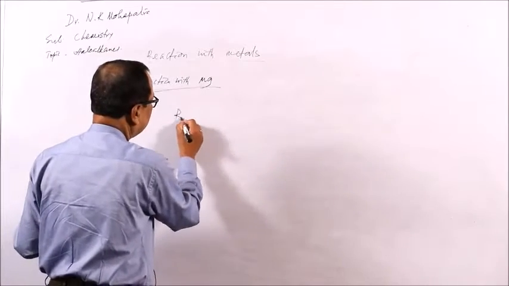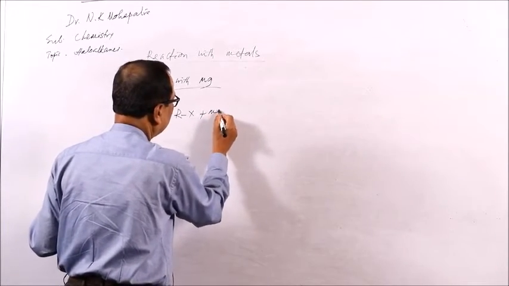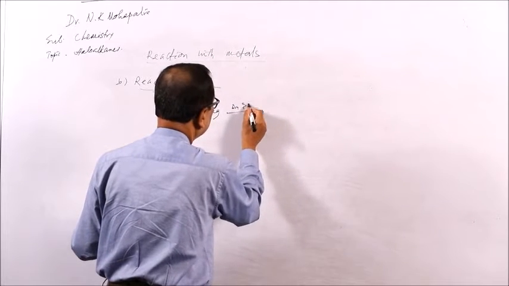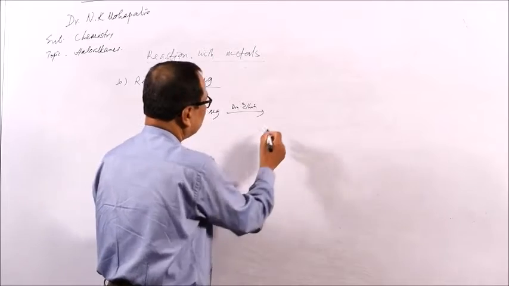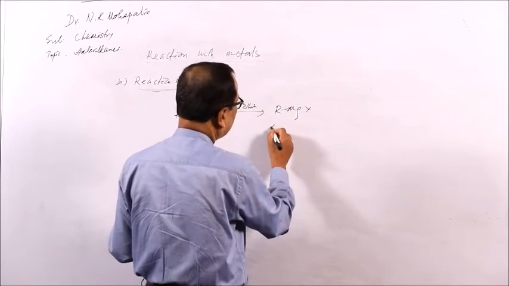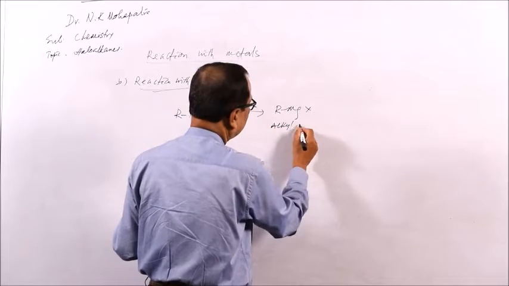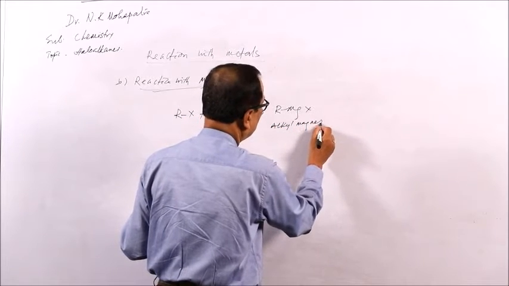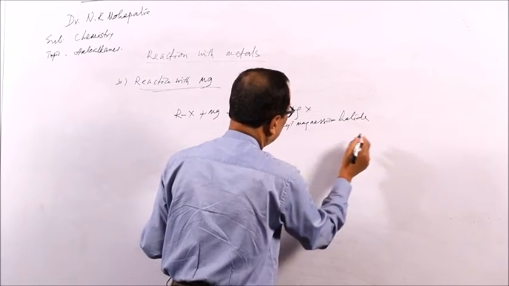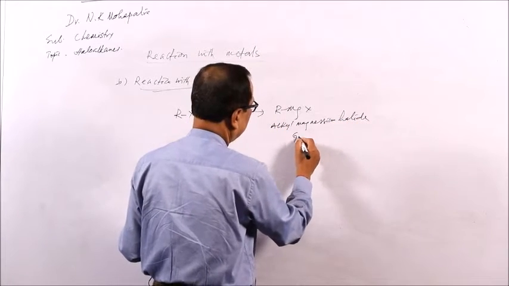That is RX plus magnesium in presence of dry ether, we get RMgX. This is called alkyl magnesium halide. Otherwise, this is called Grignard reagent.